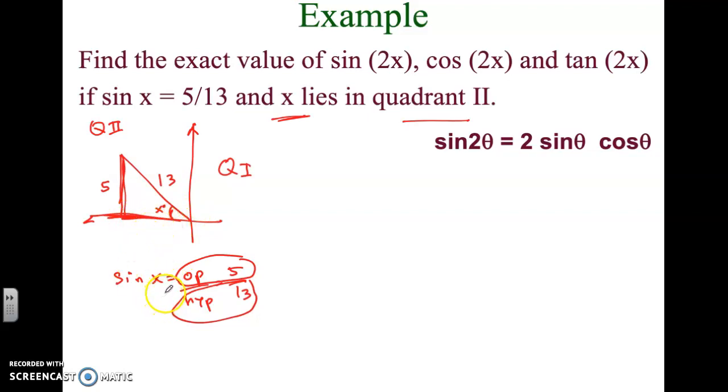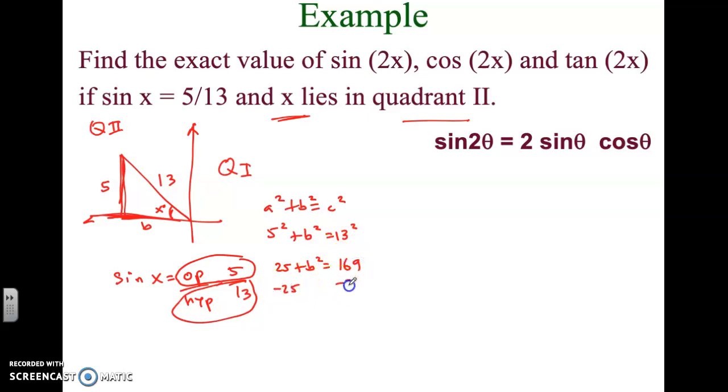Therefore, I got to use the Pythagorean theorem. What's the Pythagorean theorem? A squared plus b squared equals c squared. A in my case is 5, let's call the bottom part b, and c is my hypotenuse, which is 13. 5 squared is 25 plus b squared equals 13 squared, which is 169.